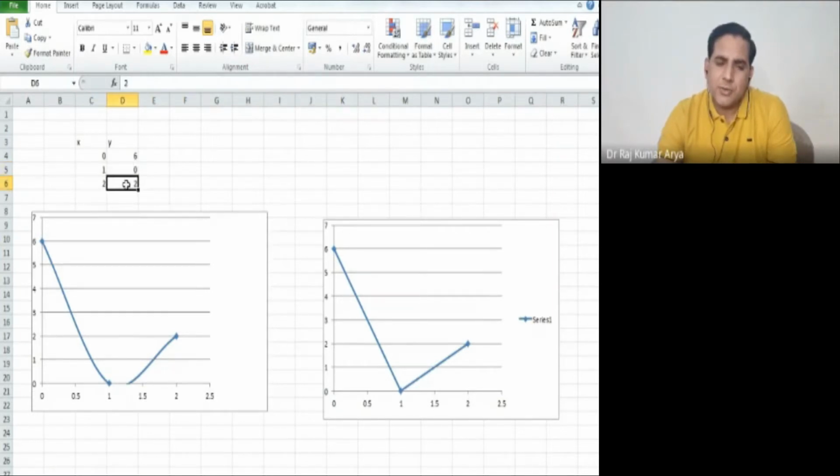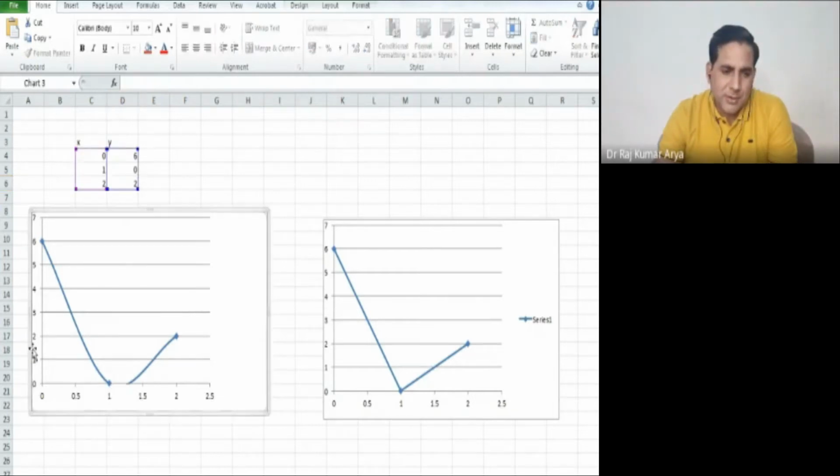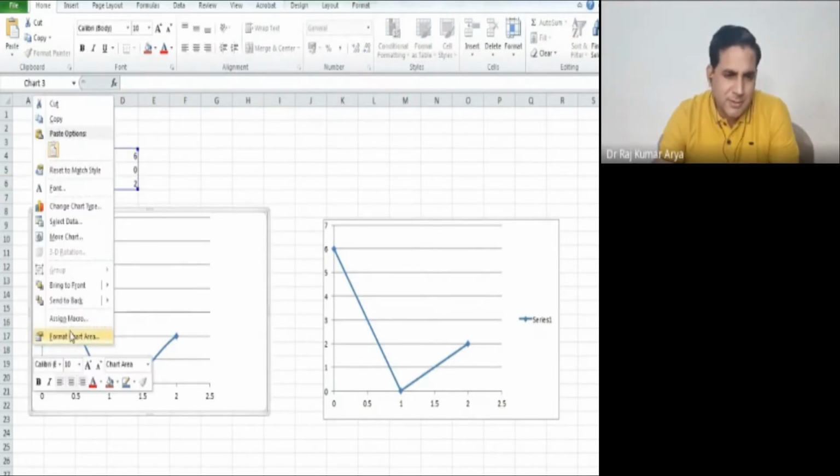X equal to 2 is 2 actually. So if you want to calculate another value between 1 and 2, if you see the graph trend here, it's going somewhere something like that. You can actually format your x-axis here.